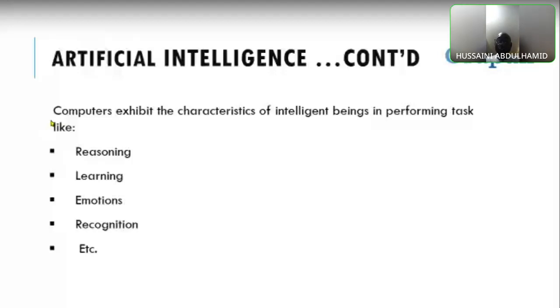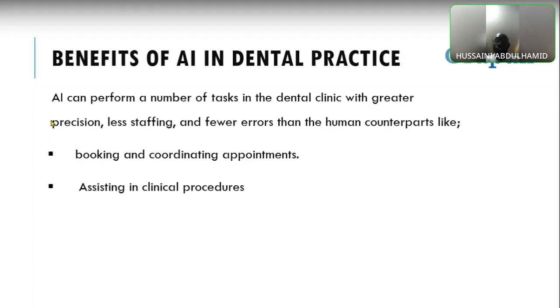So that is recognition. So these four basic tasks, reasoning, learning, emotion, and recognition, have been executed by artificial intelligence today. So let us look a little bit further and see their application in dental practice.